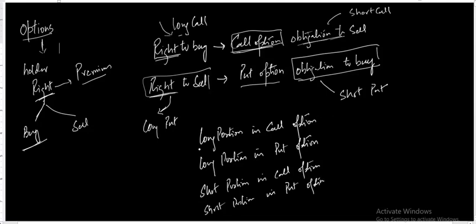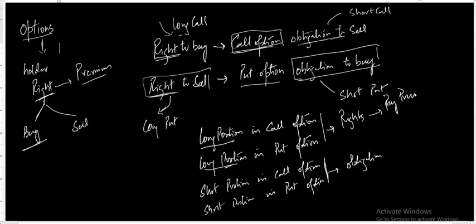Now these two parties are long, so they are receiving the rights. So these parties have the rights, and these parties are short, so they have the obligations. As they have the rights, they have to pay the premium. And as these have the obligation, they receive the premium.